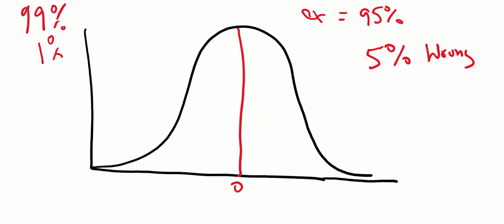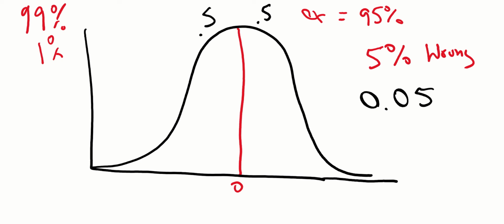So 5% as a decimal is 0.05, right? And we already know that this represents half of a normal curve, right? So if we're willing to be wrong 5% of the time, that means that we need to divide it by 2 because this normal curve is divided by 2, right?